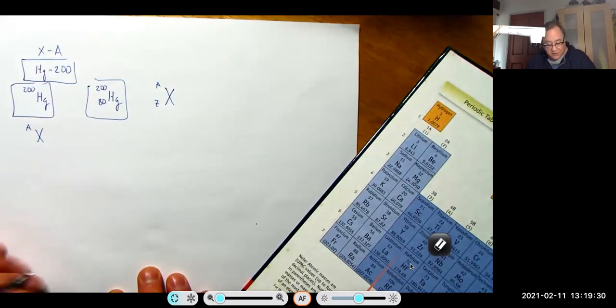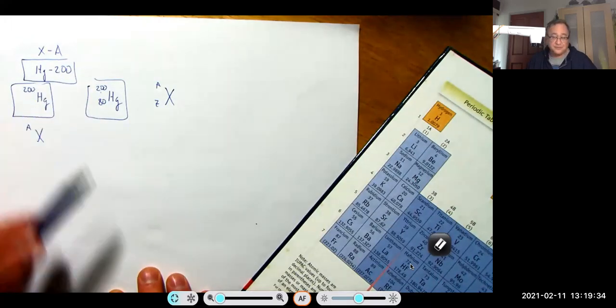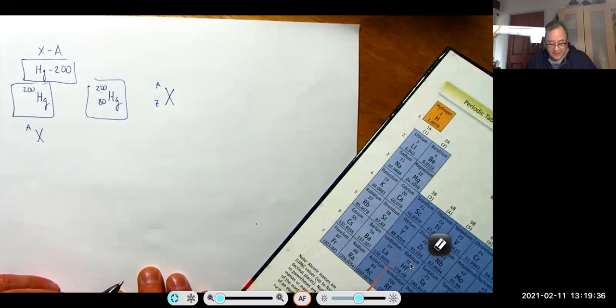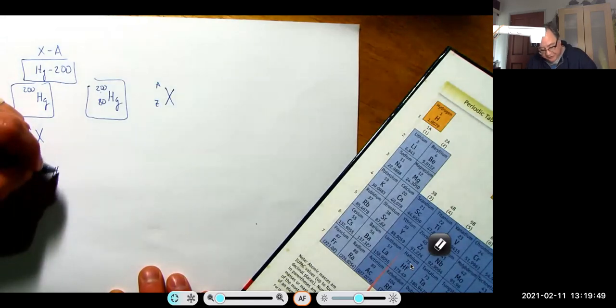So A is the number on the top, or the number afterwards. Z is the number on the bottom, and you'll notice the smaller number always goes on the bottom. The Z, the number on the bottom, is the number of protons.